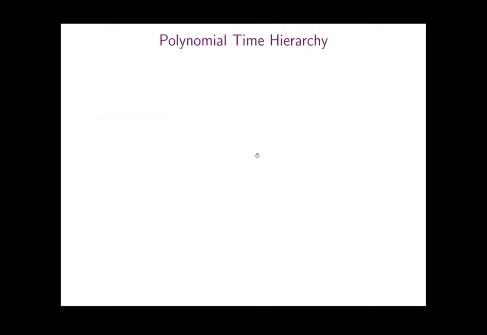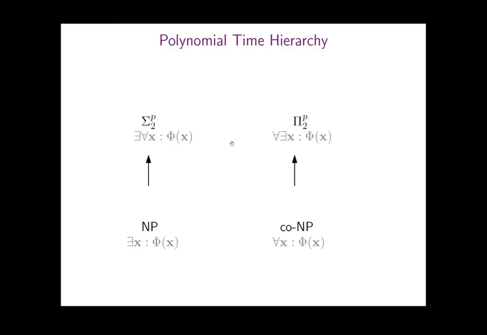Okay, before we can tell you the result, there's one last slide of definitions, so bear with me. There's this famous polynomial time hierarchy. We have the complexity classes NP and co-NP, which are very well known, and then there's the polynomial hierarchy that is well known, but maybe not as well. It has levels called sigma 2 p and pi 2 p, and it's defined as follows.